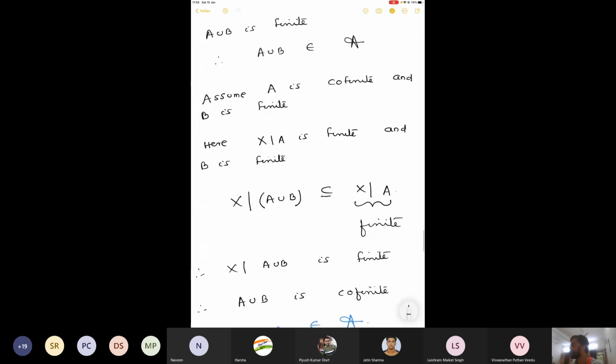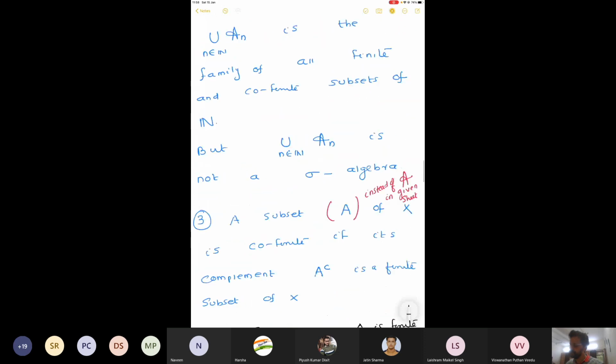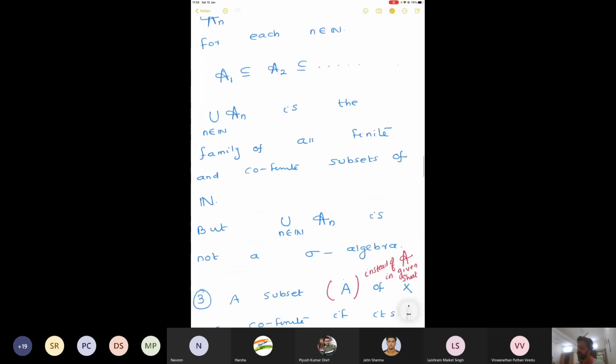Now go back to the second problem where I have given an example. The union of the A_N is not a sigma algebra, I wrote. What is it? It is the family of finite and cofinite subsets of N. N is infinite.